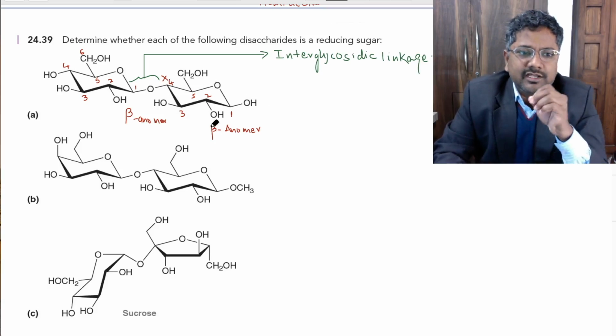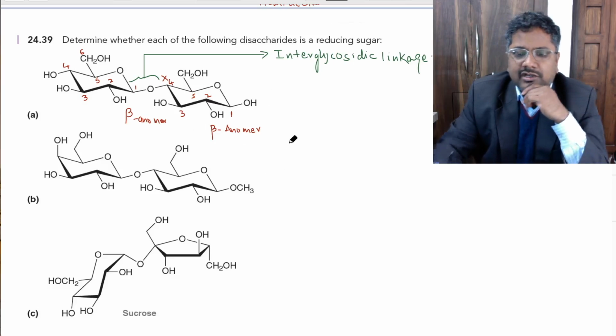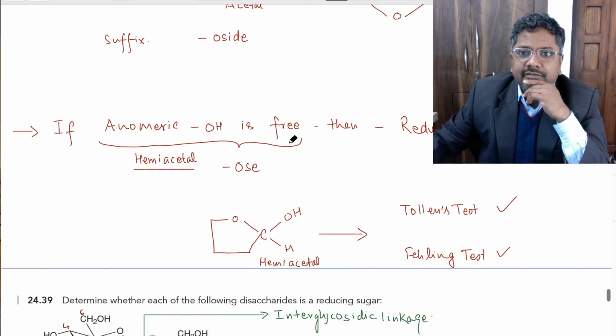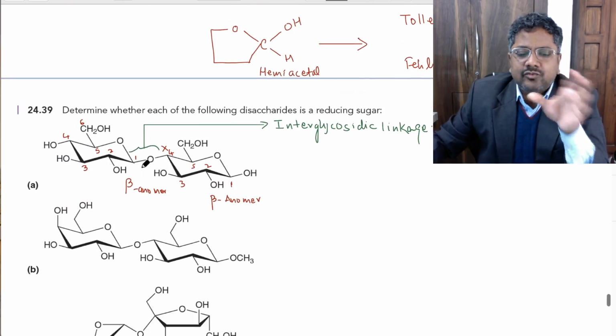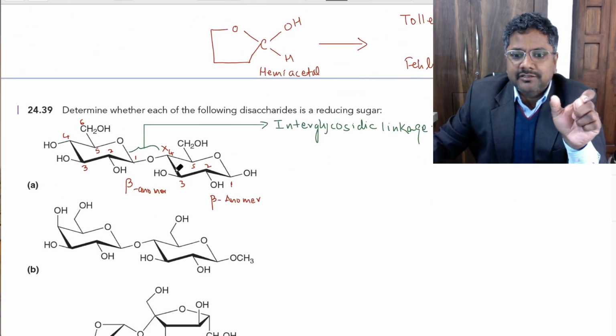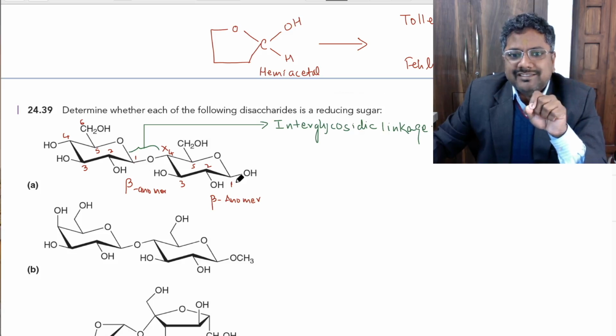So is this sugar reducing or non-reducing? What concept have I given you? For reducing, the anomeric OH is free. This is a disaccharide, two units of monosaccharides linked. In one unit the anomeric carbon is blocked, but in the second unit the anomeric carbon is free.